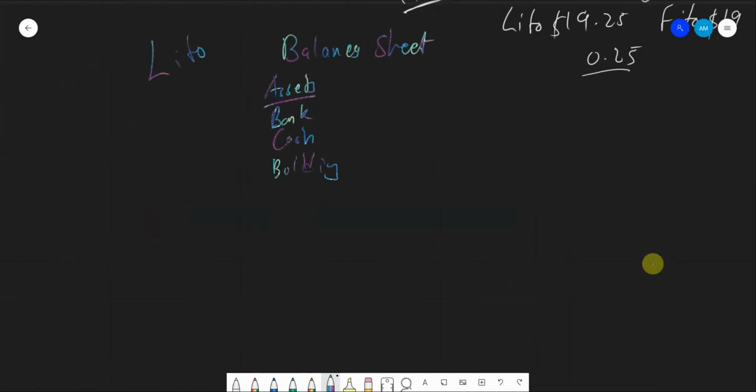One of those assets is your stock, or what we call inventory, right? So if we do LIFO, we get it at 19.25. So we're increasing our assets, so our balance sheet would look stronger. It would show that we have liquidity and our balance sheet is strong, right?